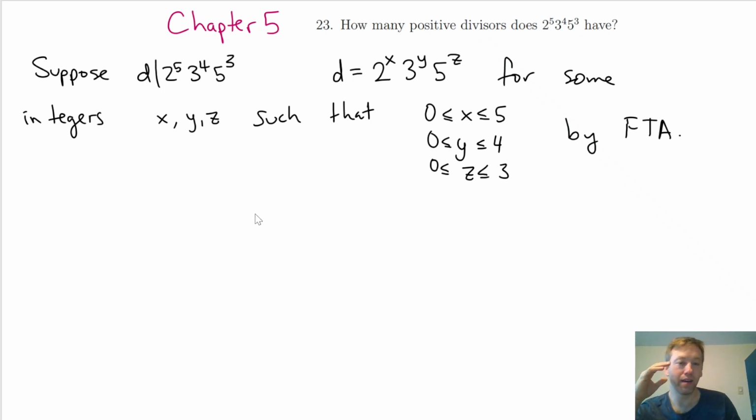And now basically, the number of ways to choose a divisor D is the number of ways of choosing x, then choosing y, and then choosing z.